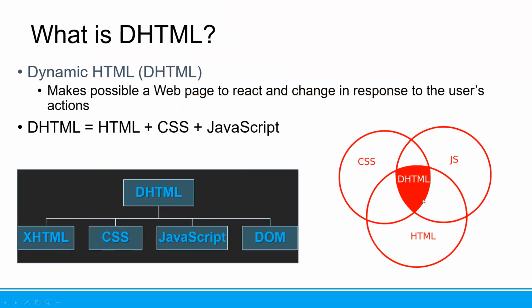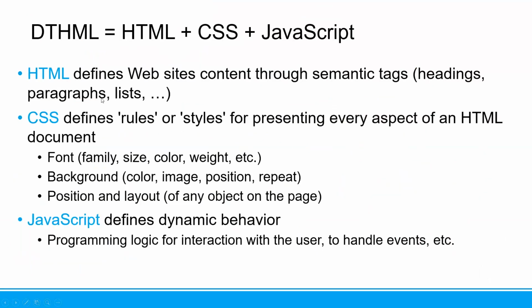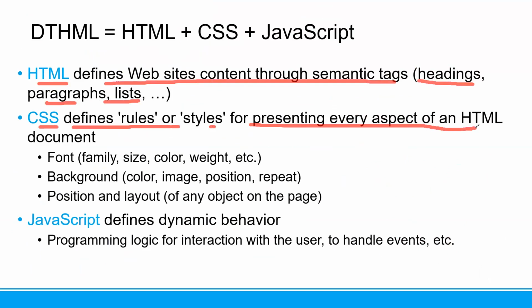So DHTML, some literature mentions it is the intersection between CSS, JS, and HTML. HTML defines the website's content through semantic text. So you know already about the heading, paragraph, list. CSS defines the rules or styles for presenting every aspect of an HTML document.